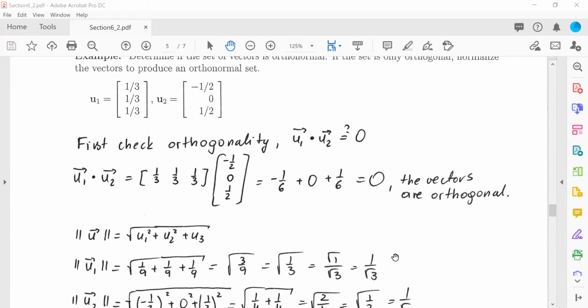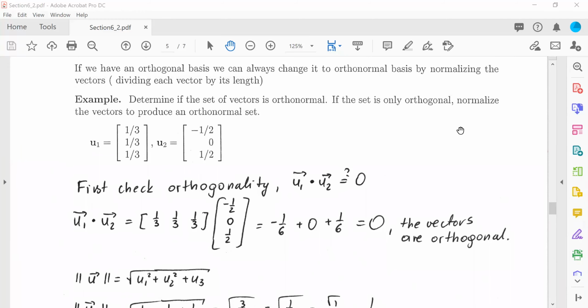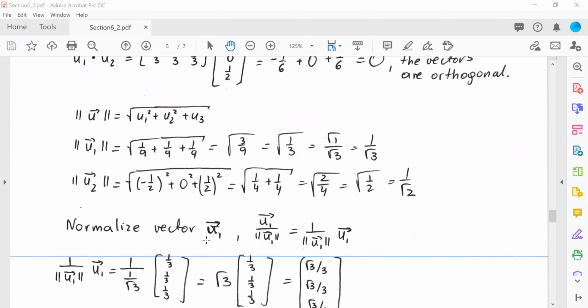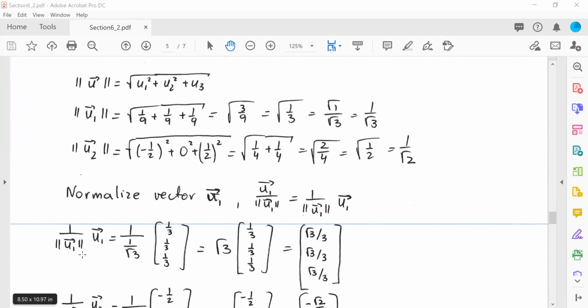And the question says, if they are not orthonormal, normalize them. To normalize means to divide by the length, or create the vector with the same direction that has length 1. So to normalize the vector U1, we would take the vector and divide by the length. To divide by the length is 1 over the length times the vector. So that's what I'm doing here.